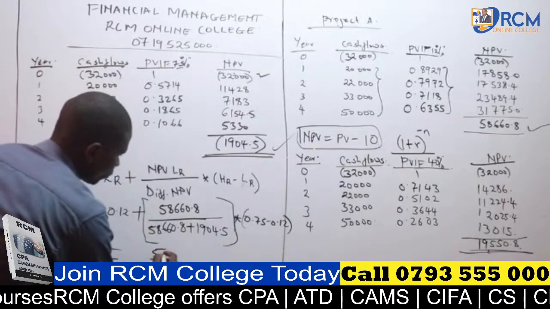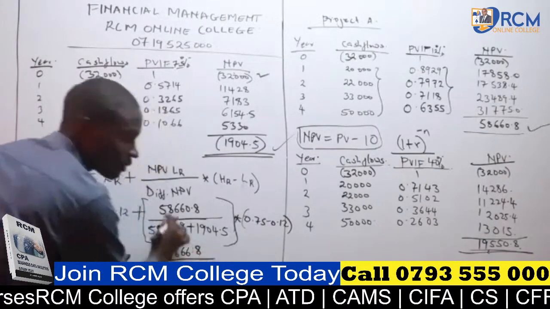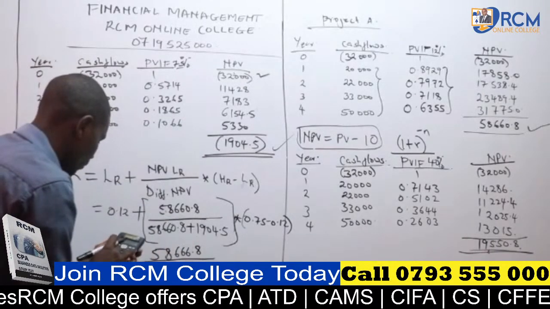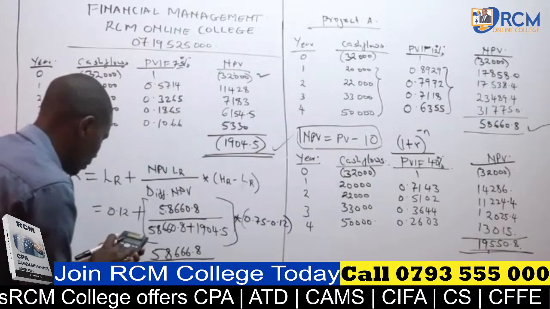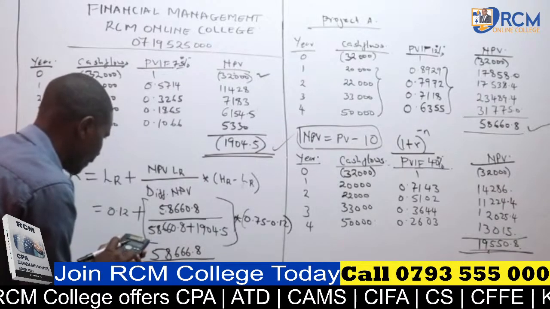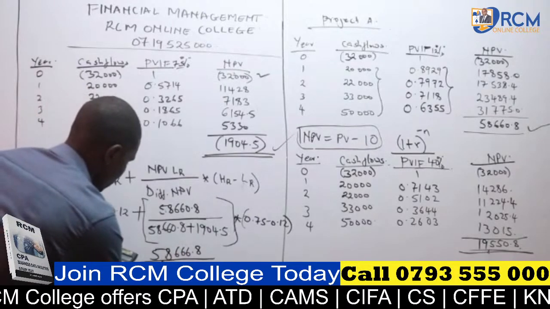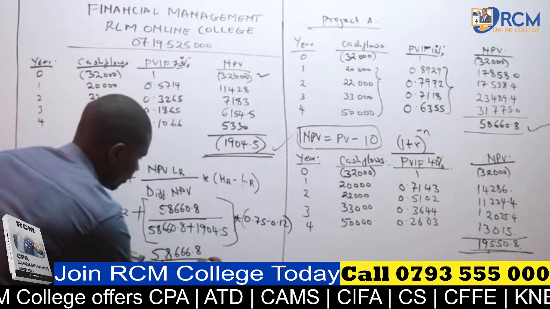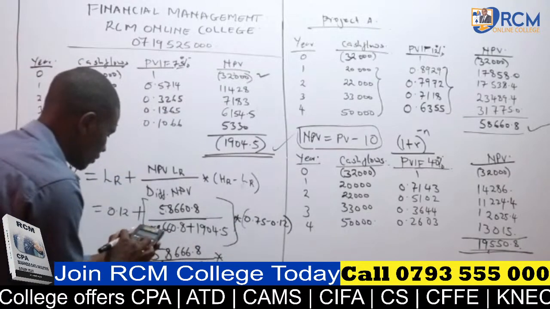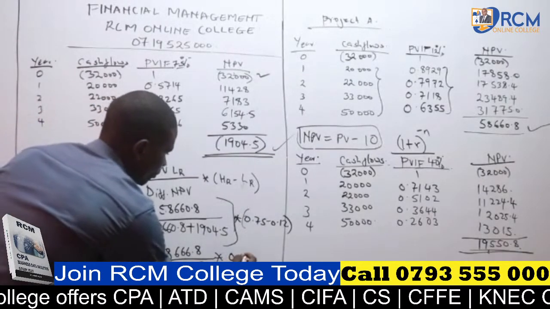Let me take you slowly here. 58,660.8 divided by this one we have to add: 58,660.8 plus 1904.5. It is 60,565.3. Then you multiply by the difference in upper and lower, which is visible, yes. 0.75 minus 0.12, 0.63.